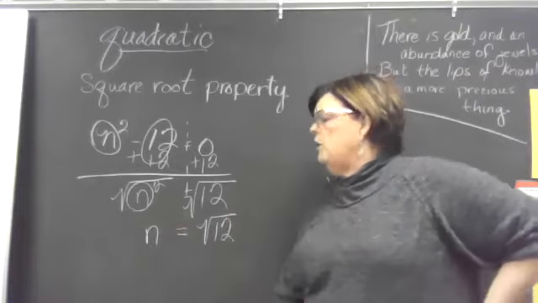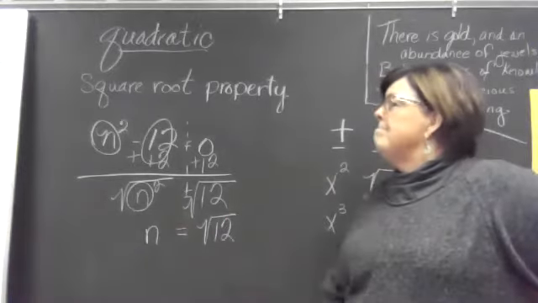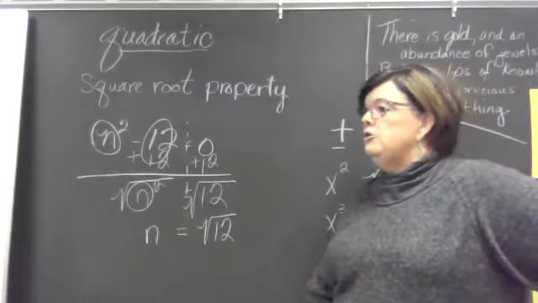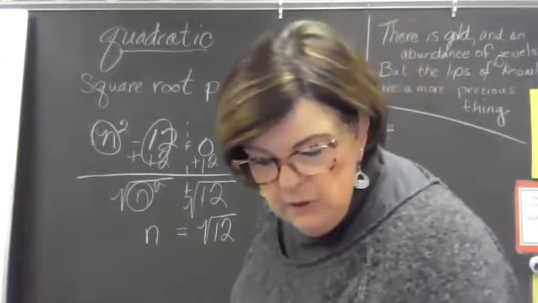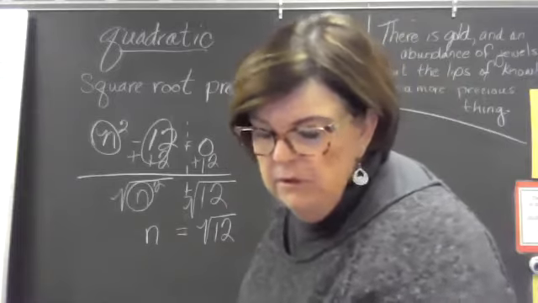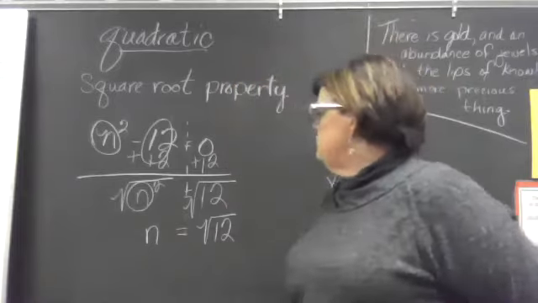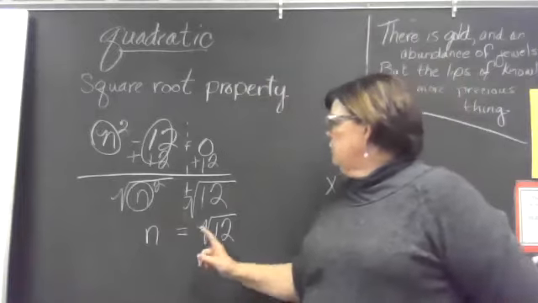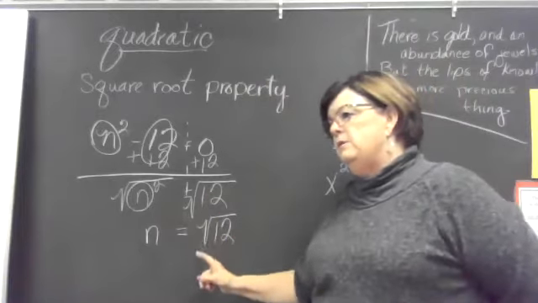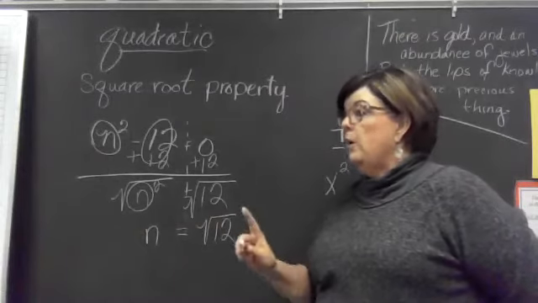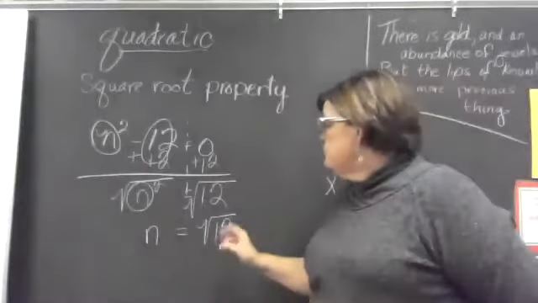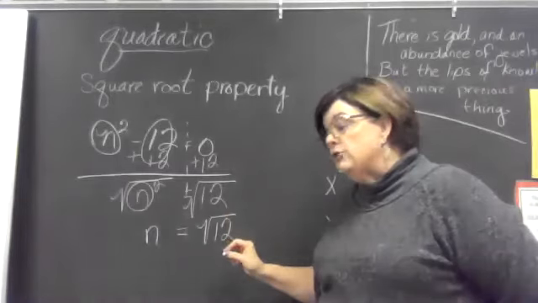Now I want to go on to tell you, and I'm not sure if this worksheet goes into this. Yes, it does. I want to explain to you that when we take the square root of something, there are actually two answers.